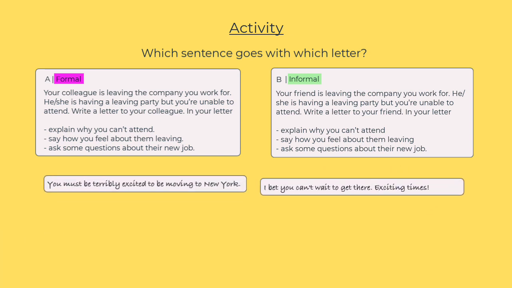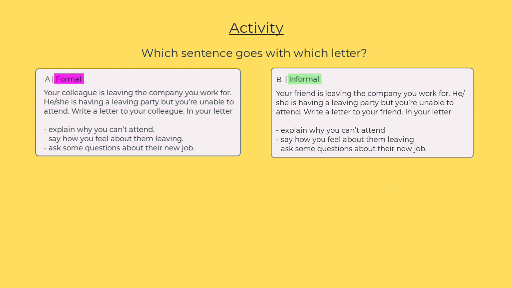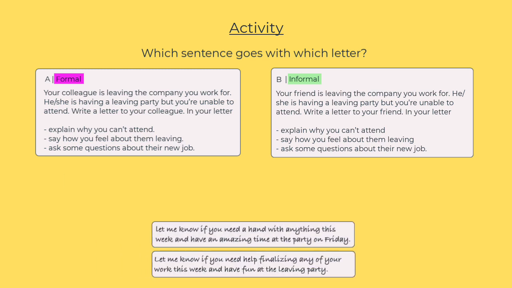The answer is this. This expression beginning with I bet is very common in conversation. And we also have the exclamation mark again in the informal letter. Meanwhile, here we have terribly excited, which is more formal than so excited. Next. Are you ready?